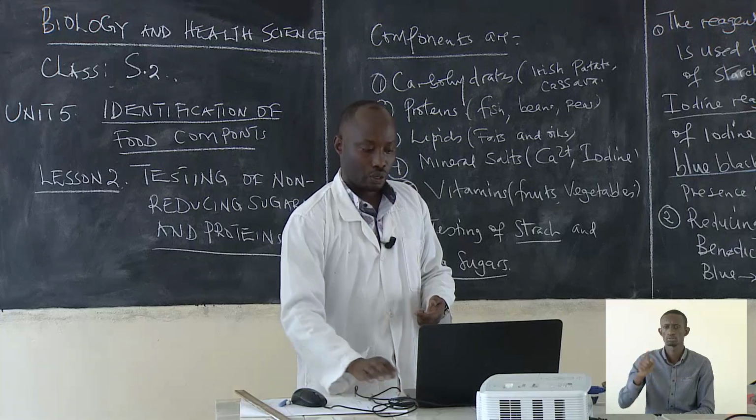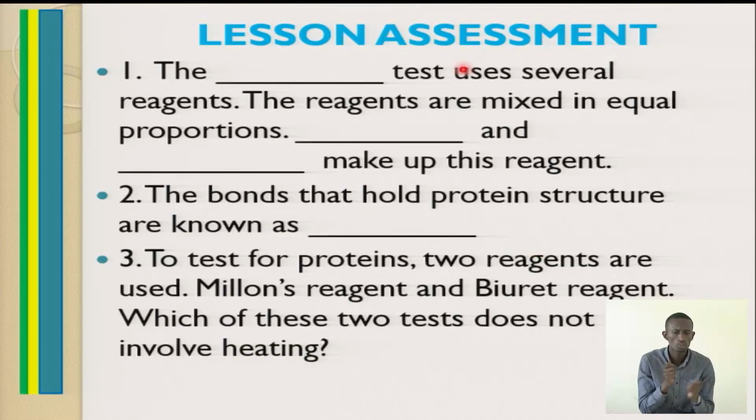So quickly, let's have the lesson assessment of today. I am going to leave you with 3 questions. Number 1, the Benedict's test uses several reagents. The reagents are mixed in equal proportion, and they make up this reagent.